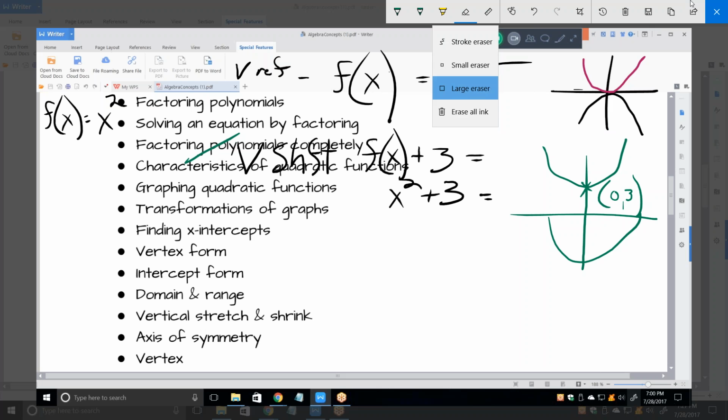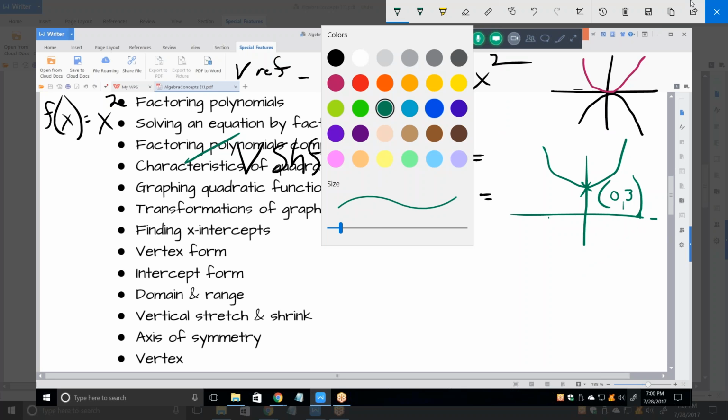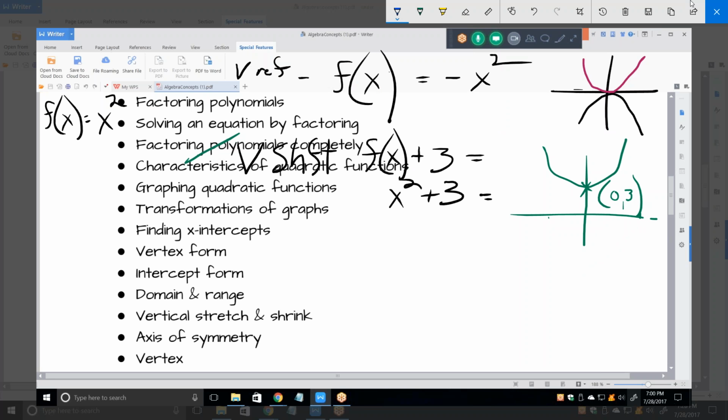Okay? So when I say vertical, I mean vertical, not horizontal. Now, let's deal with the other vertical transformation, which is a vertical stretch or shrink.